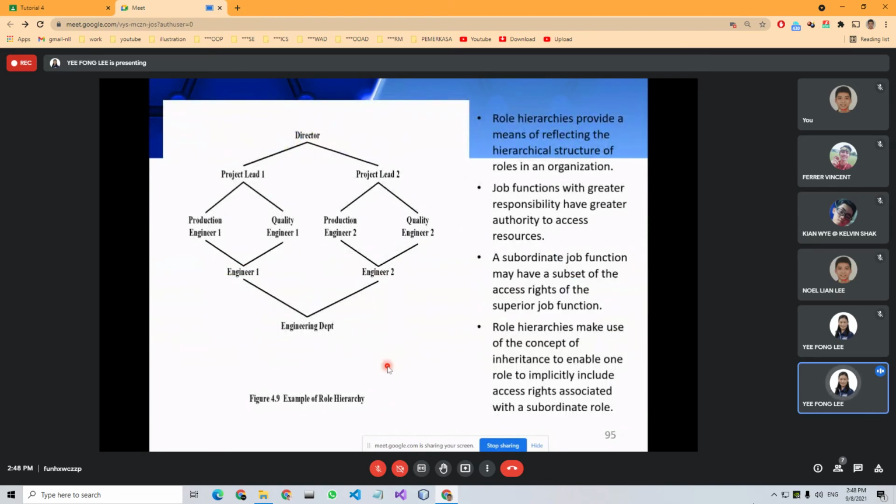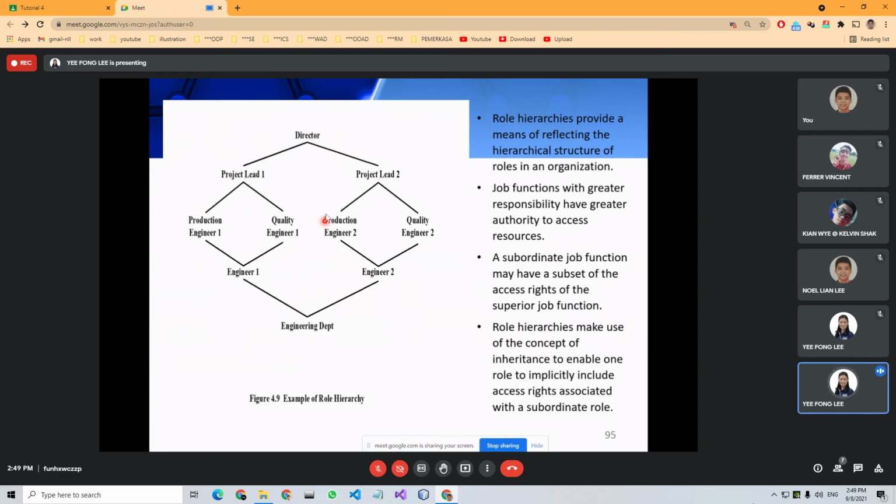This is a role hierarchy, reflecting the hierarchy structure in an organization. I believe you have learned this hierarchy relationship, whether in your programming or mathematics courses. Typically, job functions with greater responsibility have greater authority to access resources. Okay, we agree on that.